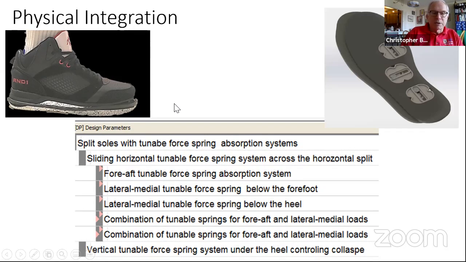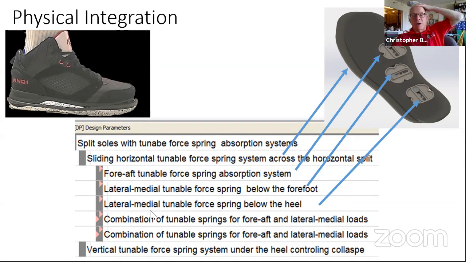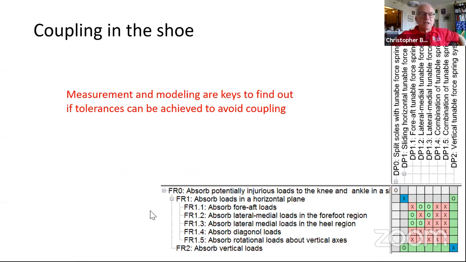We had to get special springs and develop these tunable springs that we see diagrammatically over here on the right that are nonlinear. And that is an important step. Those are identified on the physical model. If we take a look now at the matrix, as we looked at for the faucets a little while ago, here are the functional requirements we just looked at, and here are the design parameters.